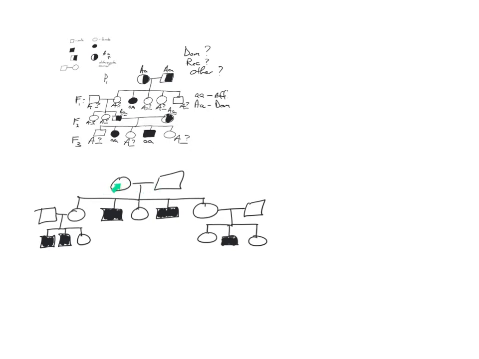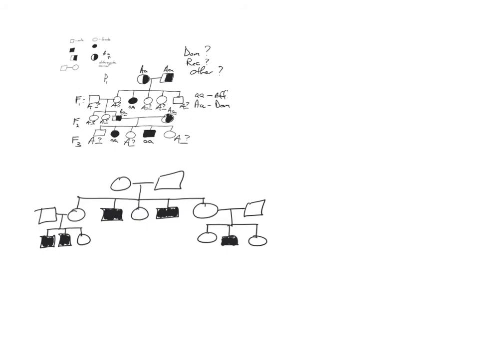Because it skips a generation. As soon as you see it skip a generation, in other words, the parents don't have it. If it was X-linked dominant, mom would have it. As soon as you see this, pay attention really quickly. Is it Y-linked dominant? No. If you see this, and you see it skip the generation down here, then this.